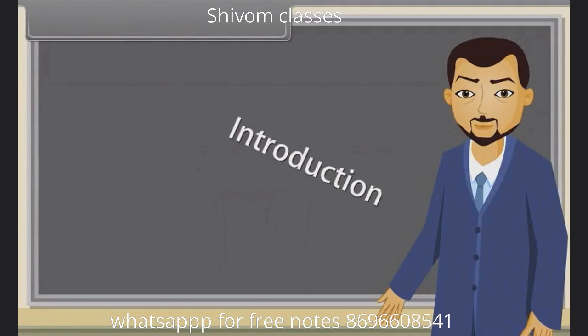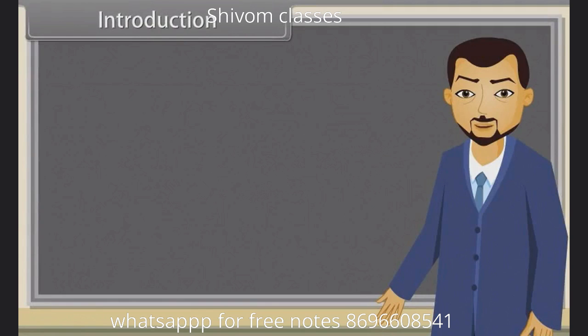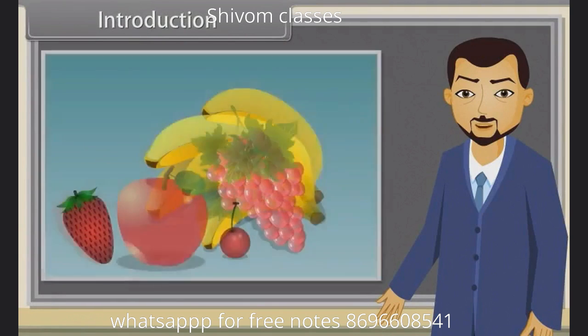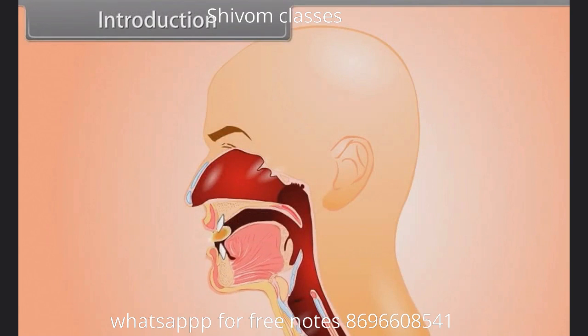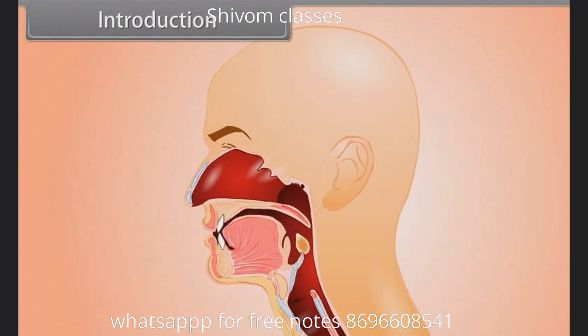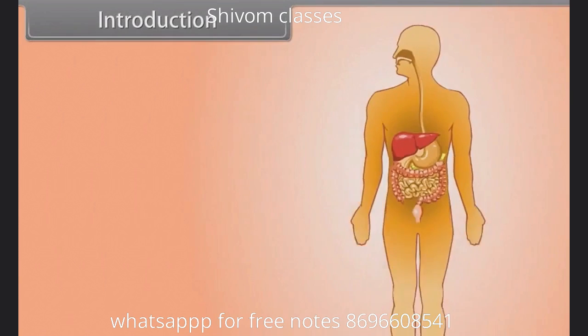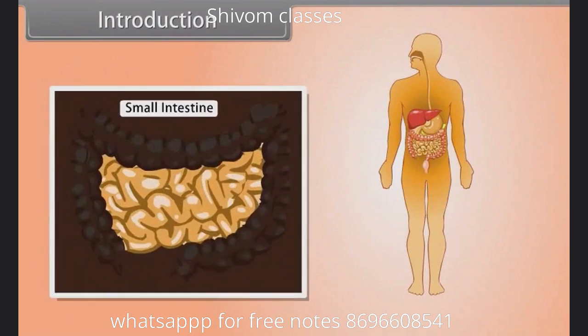Introduction. Hey kids, we all know that we need energy to live and food is the primary source of energy. But you know that the process of digestion of food starts from the mouth and the absorption of energy mainly starts in the small intestine.